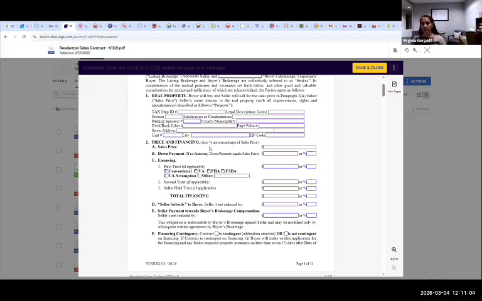So for the down payment, if there is no financing, the down payment will be 100% of the sales price, right? So if your client is buying cash, then if on the top line under A you have $1 million, then the down payment will be 1 million, right? Or you could say 100% on the right. Don't use both fields.